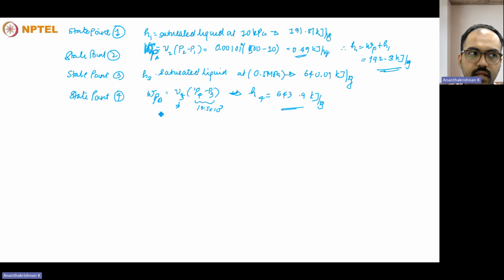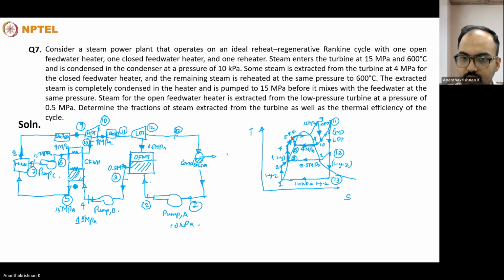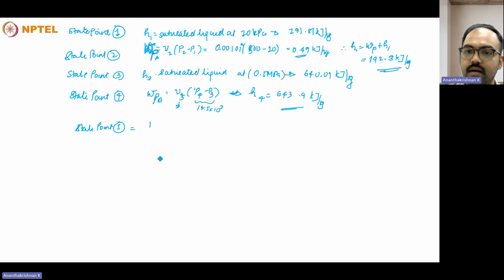So H4 we have determined, and then state point 5 will be equal to... We have to take into consideration one important thing in this case.